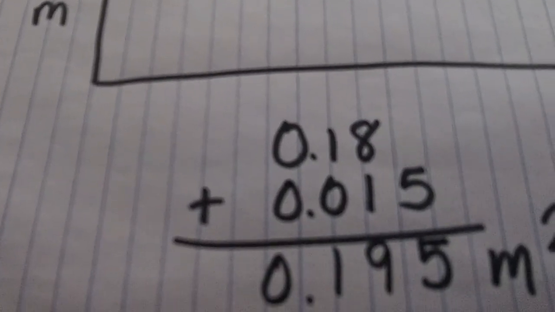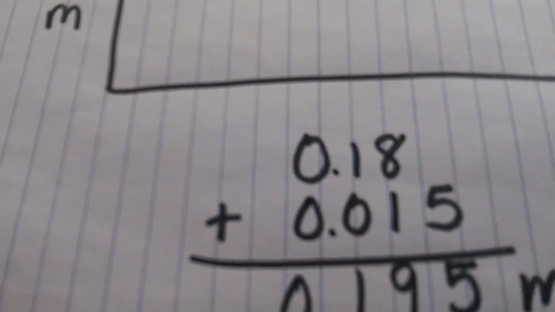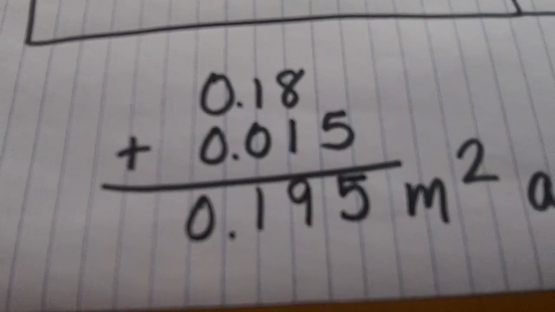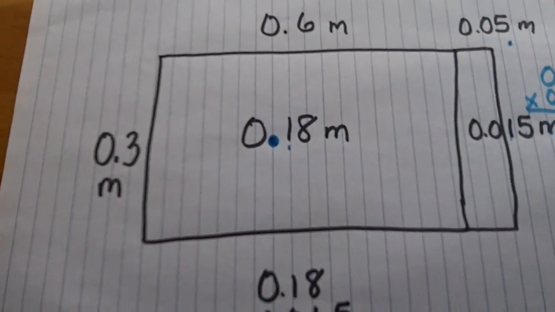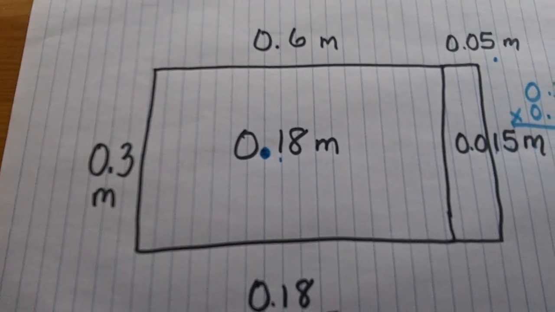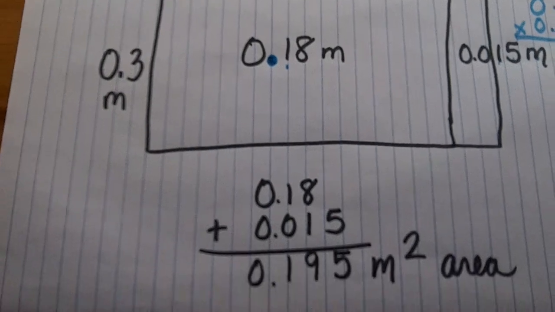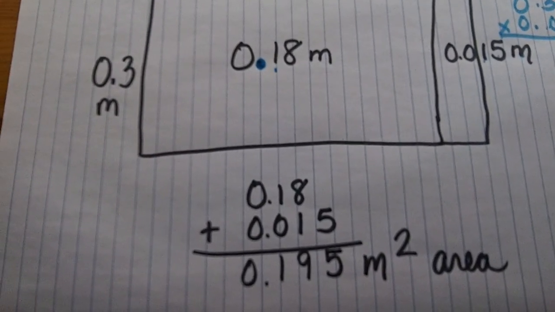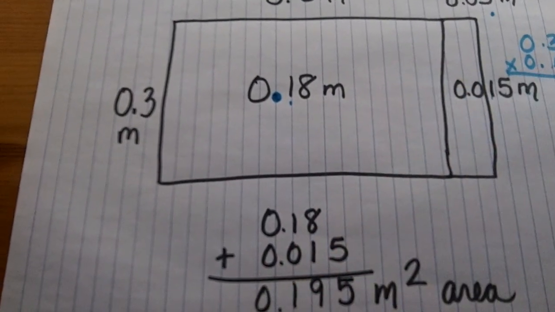What I do is I add my 18 hundredths and my 15 thousandths meters together to get 195 thousandths meters squared for my area. I'll give you a minute to look at it. And that's what you'll be doing today independently, with some practice with partial products.